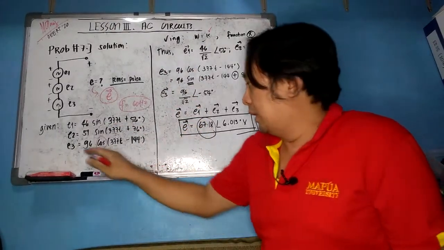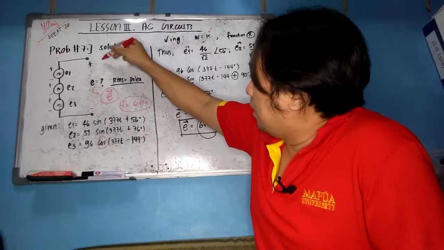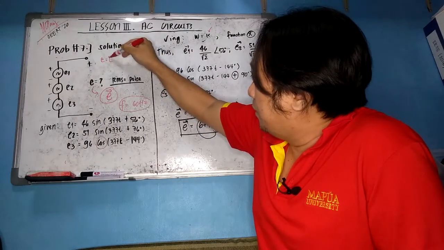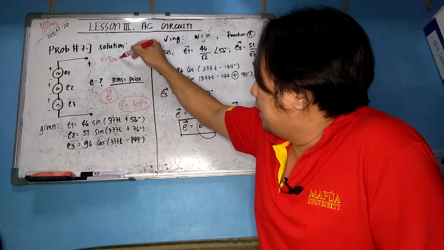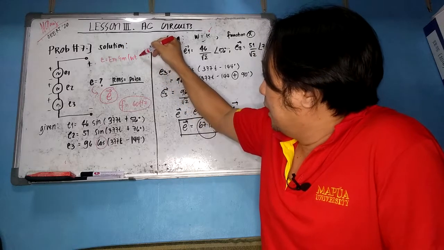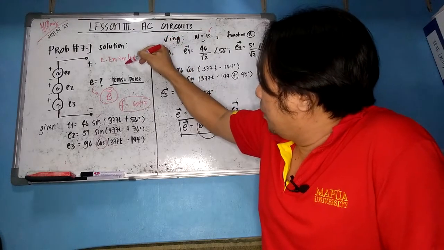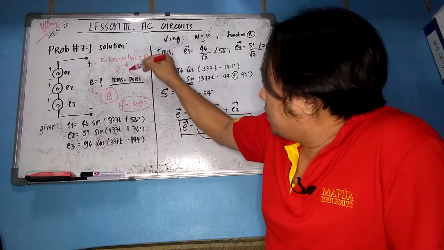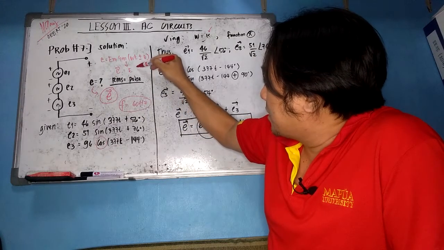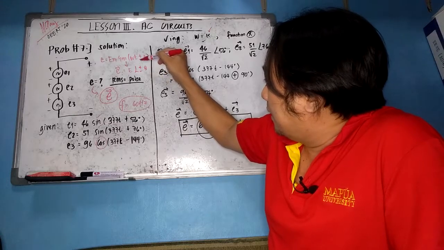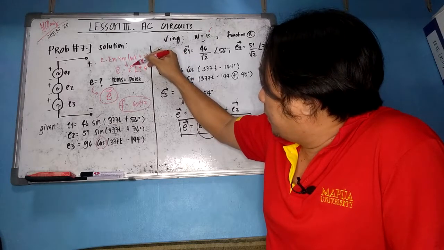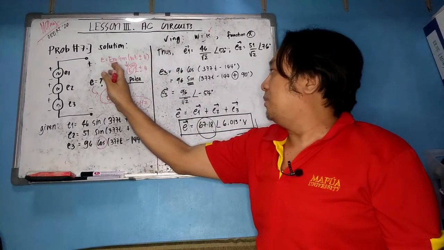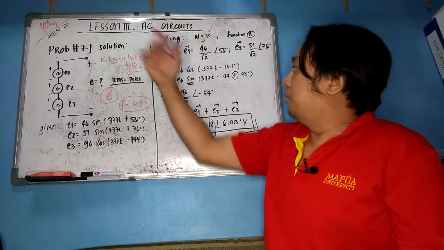You have Em sine omega t plus or minus an angle, which can be converted to a phasor E, but E must be in RMS, then the bar angle plus or minus angle theta. Please take note, it must be in RMS form. So it's pretty clear here that this is the maximum value. To get the RMS, you need to divide by square root of 2.